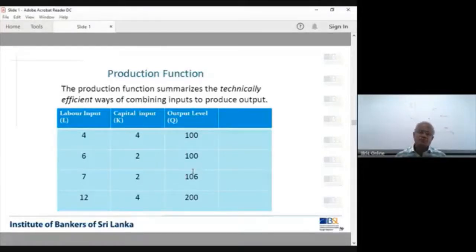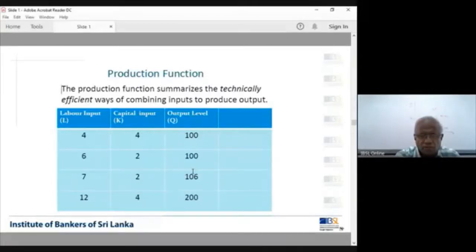If they produce 90 with the same 4 and 4, that is a technically inefficient output level. The maximum output is 100; that is technically efficient.